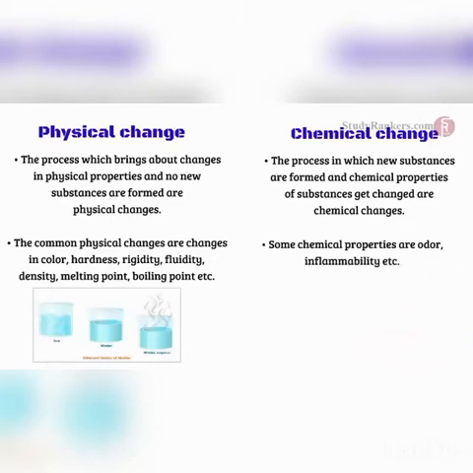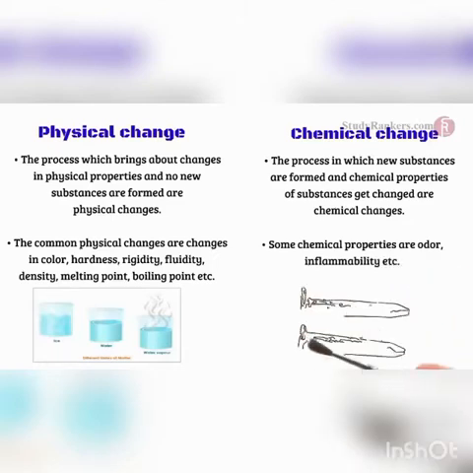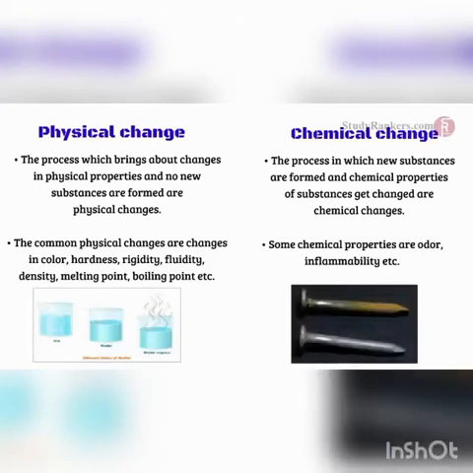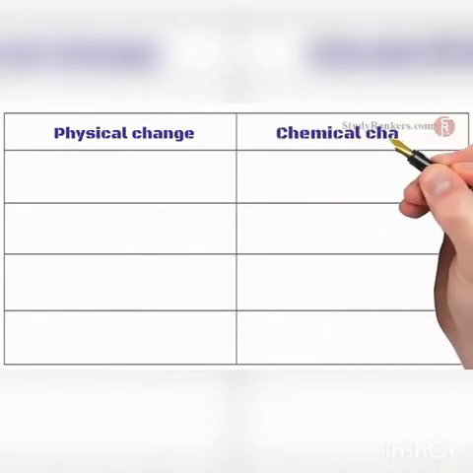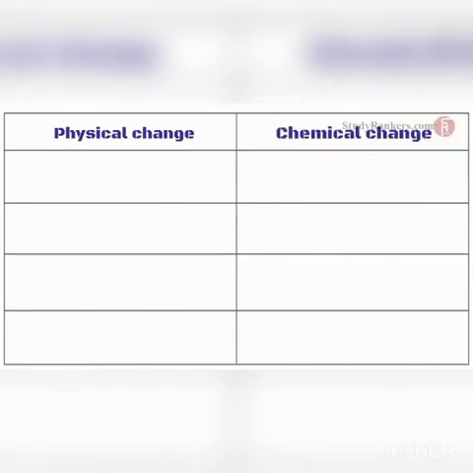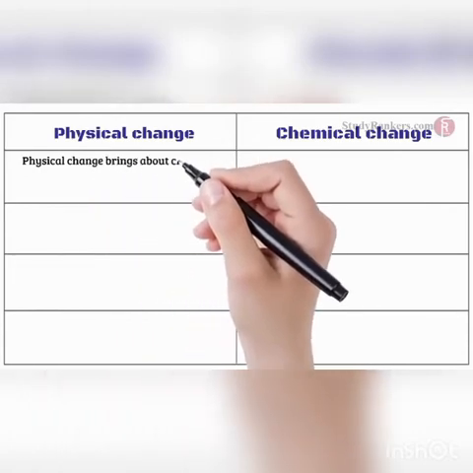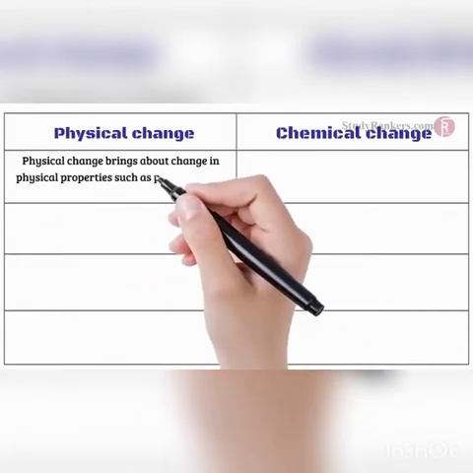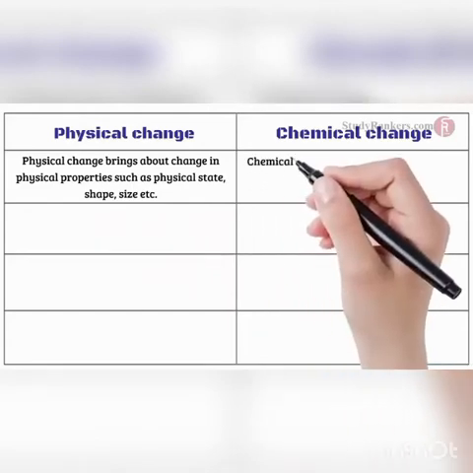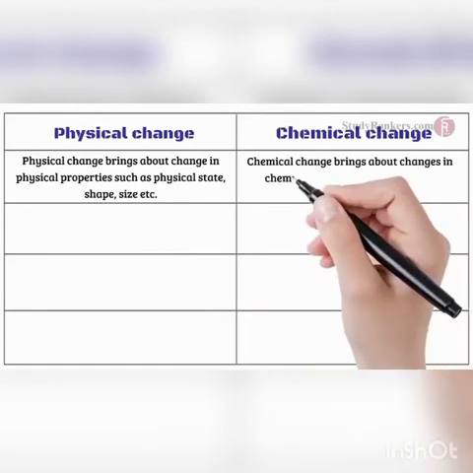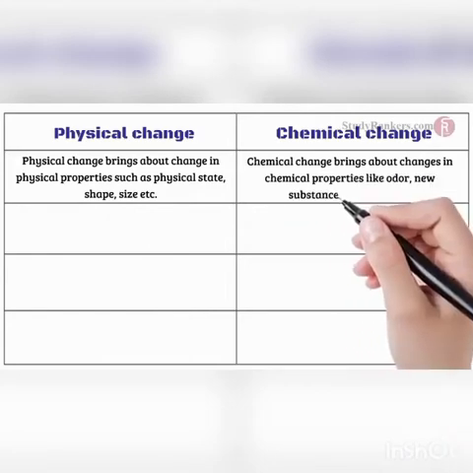Some chemical properties are odor, inflammability, etc. Differences between physical and chemical changes are: physical change brings about change in physical properties such as physical state, shape, size, etc., while chemical change brings about changes in chemical properties like odor, new substance formation, etc.